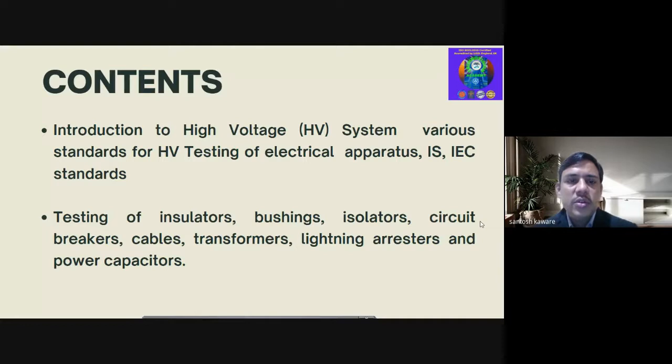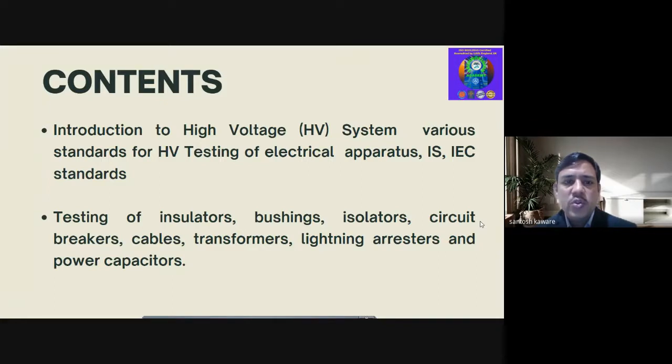The content of the presentation is, today we will cover an introduction to the HV system. There are various standards for high voltage testing of electrical apparatus, related IS and IECs, and those standards we are going to cover. Rather than going inside the full content of the IS or IEC, I have just quoted what those standards are and what is specifically related to the high voltage system.